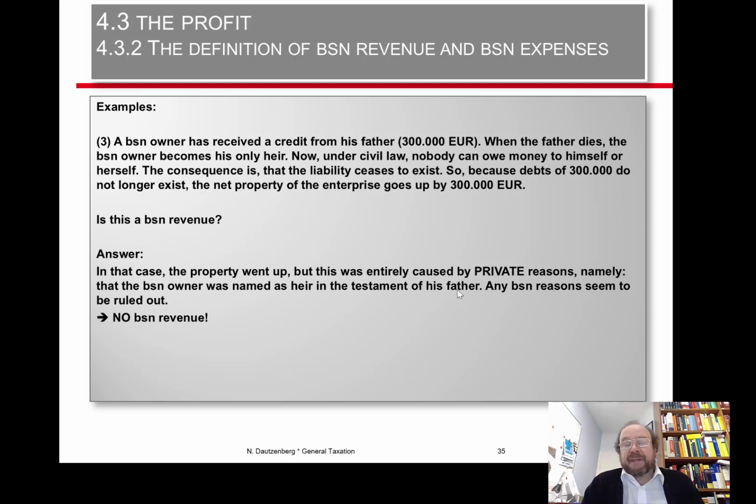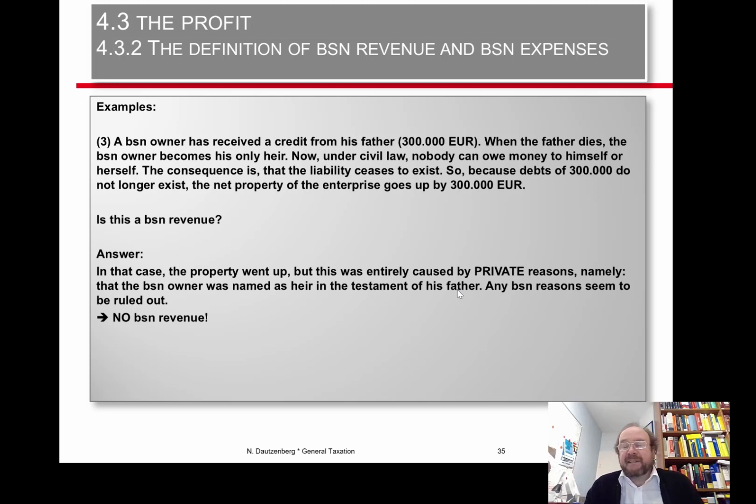But another example. A business owner has received a credit from his father, 300,000 euro. Now the father dies and the business owner becomes his only heir. So under civil law, there is no problem. You cannot owe money to yourself.